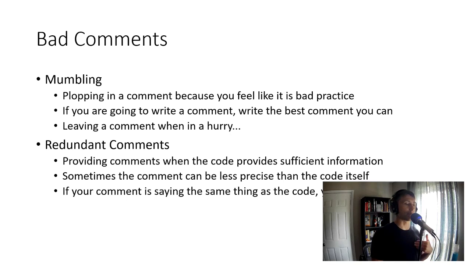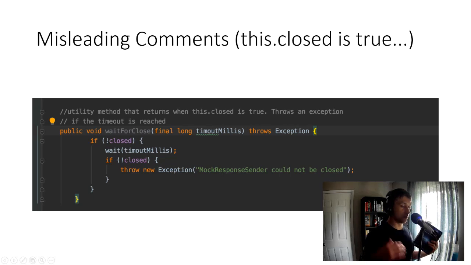I can pretty much infer what's going to happen in that function. The extra comments, like that whole block there, are probably not needed. A hard and fast rule here is if your comment is saying the same thing as the code itself, you probably don't need the comment. So just something to keep track of.